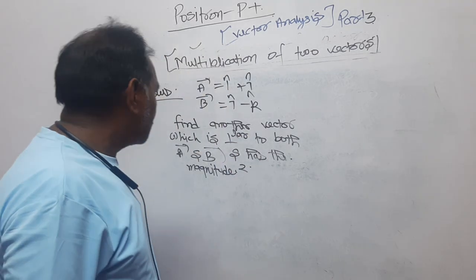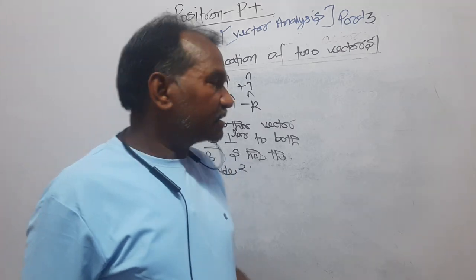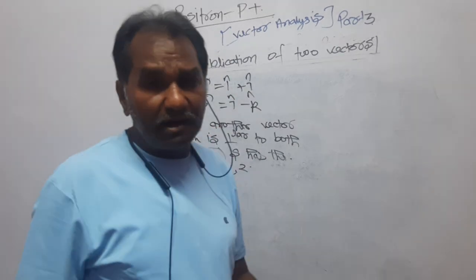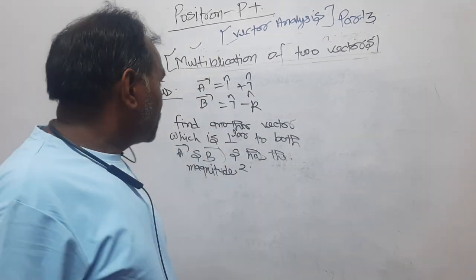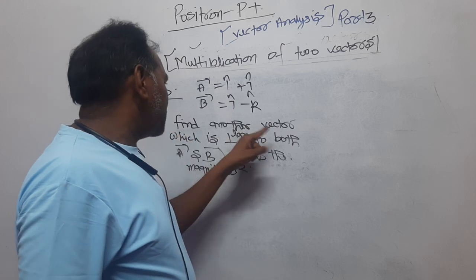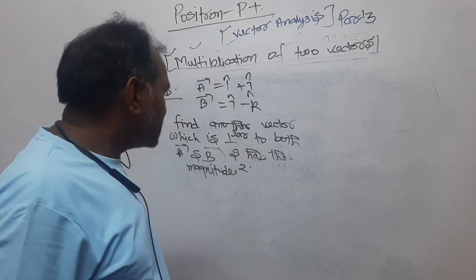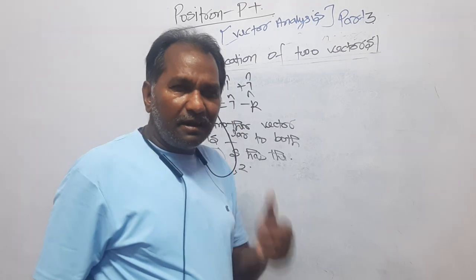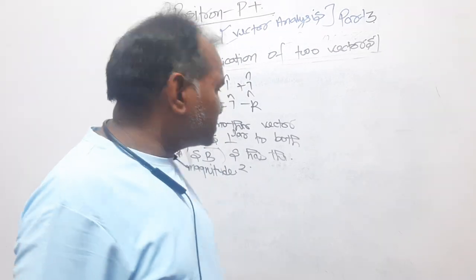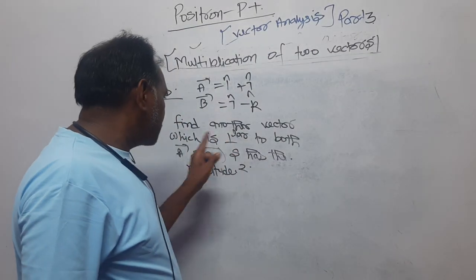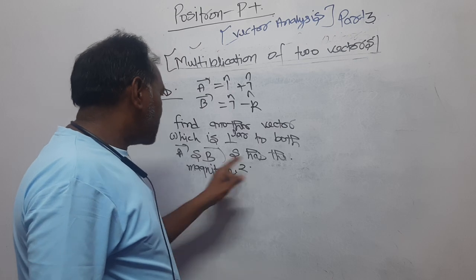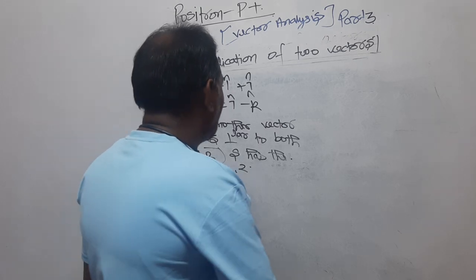The question says that the two vectors A and B are given in terms of i, j, k. Now find another vector which is perpendicular to both A and B and has the magnitude 2. Correct? Find a new vector perpendicular to A and B with magnitude 2.